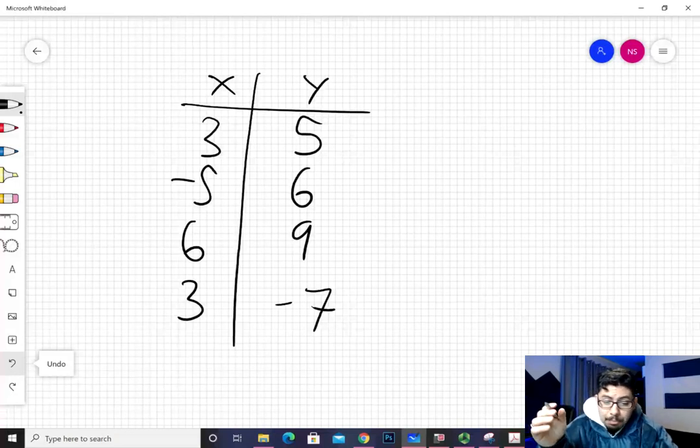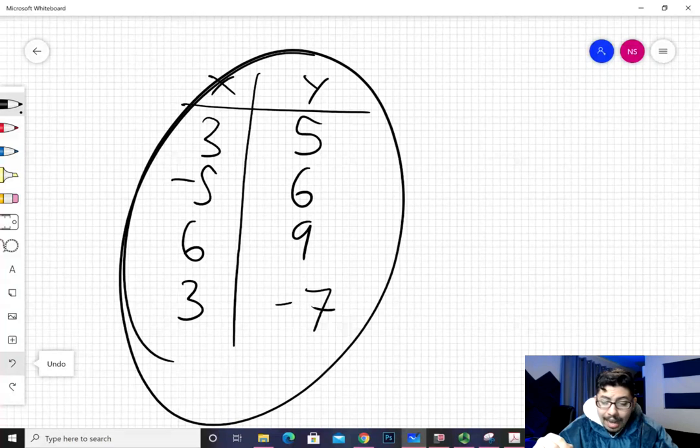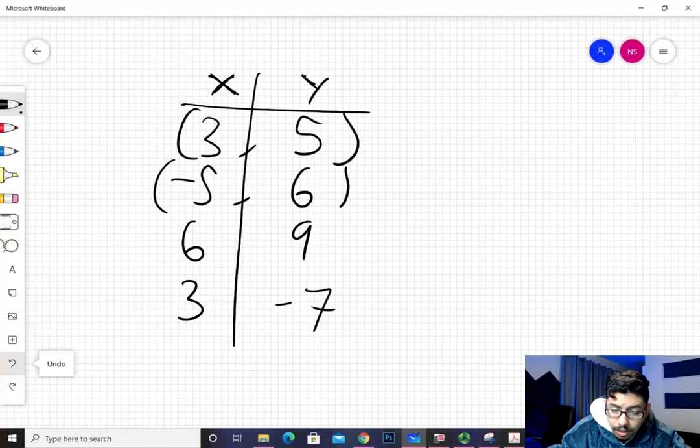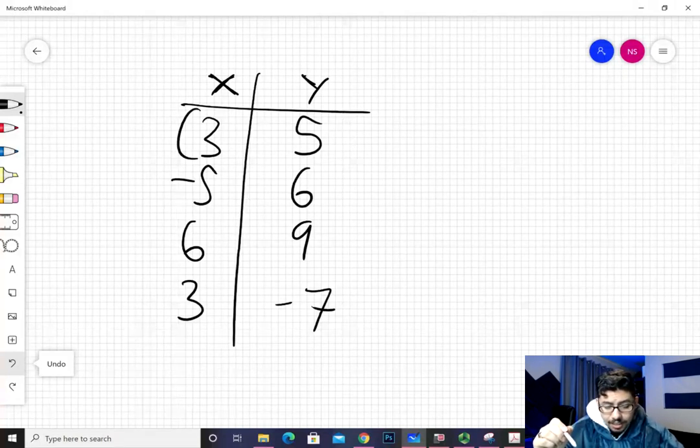I don't think you've noticed this, but you could graph this easily. How? Well, it says X and Y. My friends, all the numbers that you see on the table are technically just points. You could easily graph this.